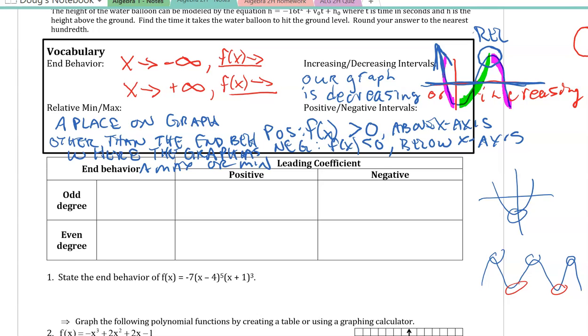Next part of your notes. An odd degree. The end behavior is going to be in different directions. An odd degree means that your highest power is an odd number integer.